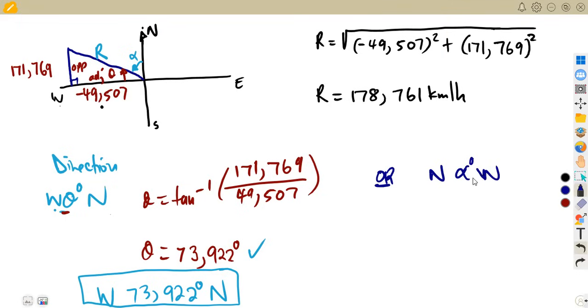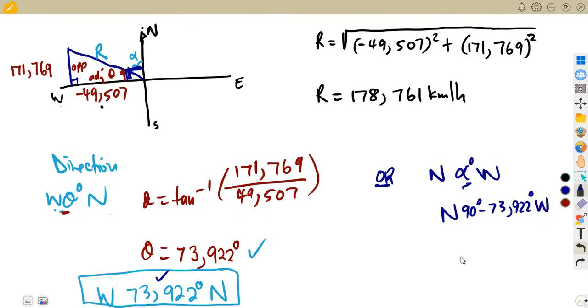That means I have to calculate the alpha. So that is north alpha, which is 90 minus 73.922 degrees, because this whole angle is 90 degrees.